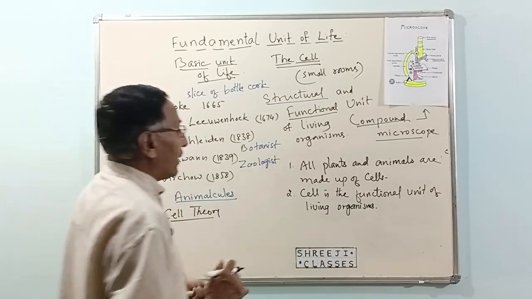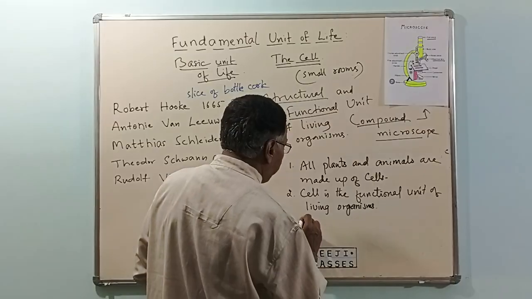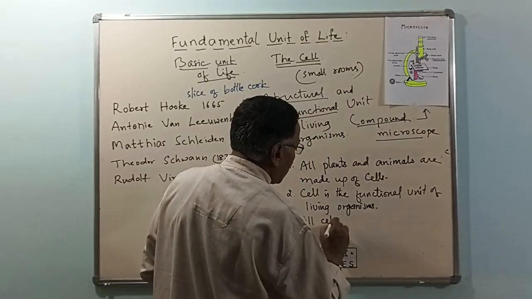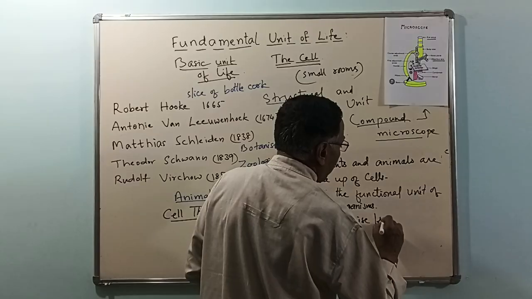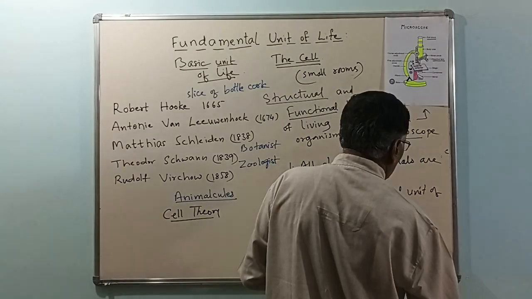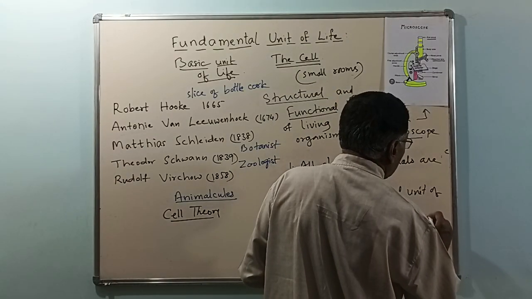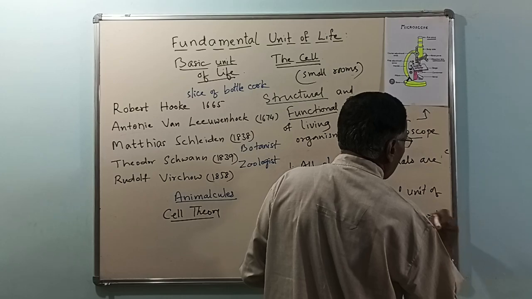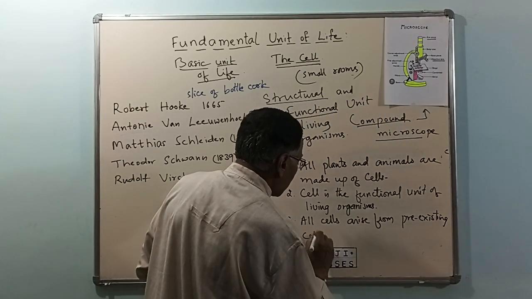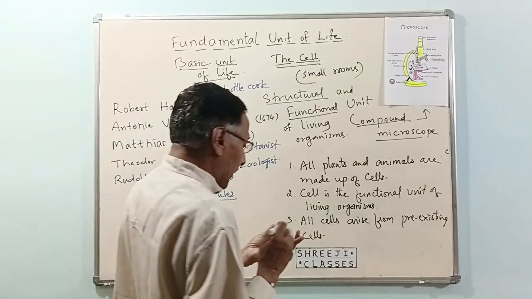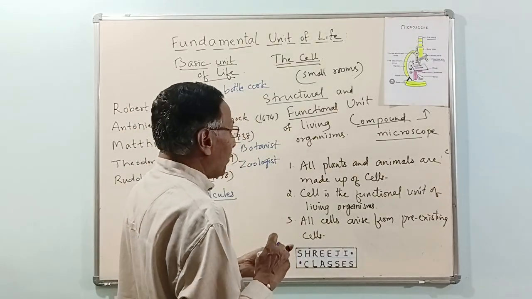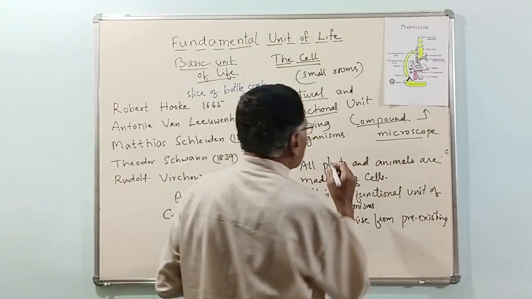Later, Virchow added that all cells arise from pre-existing cells. Third postulate of cell theory is all cells arise from pre-existing cells.